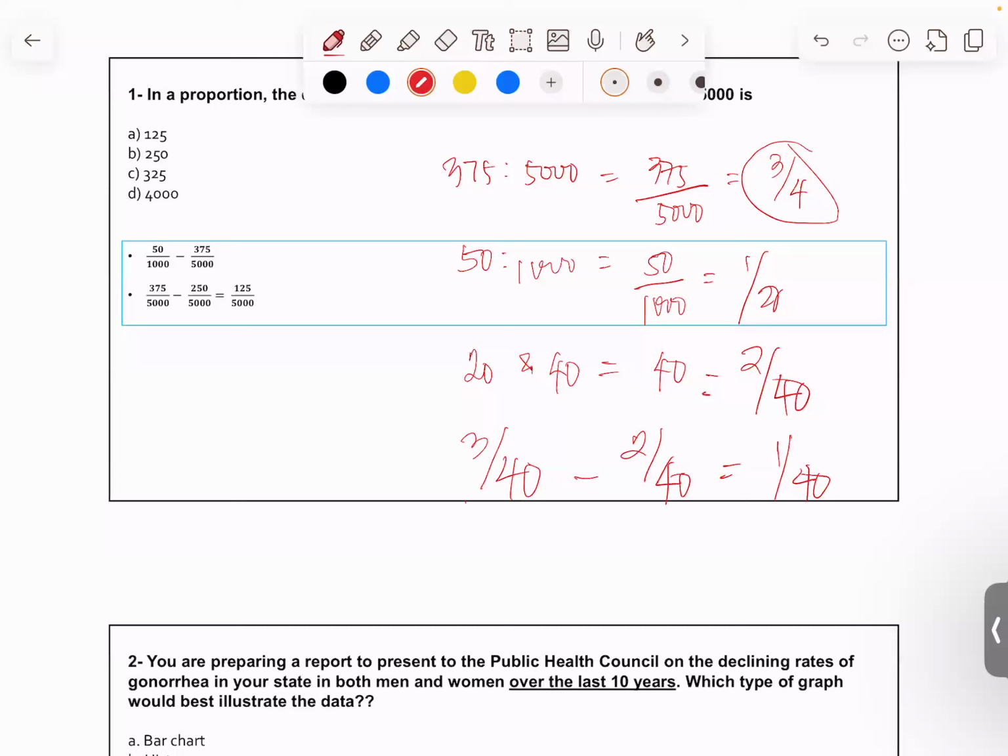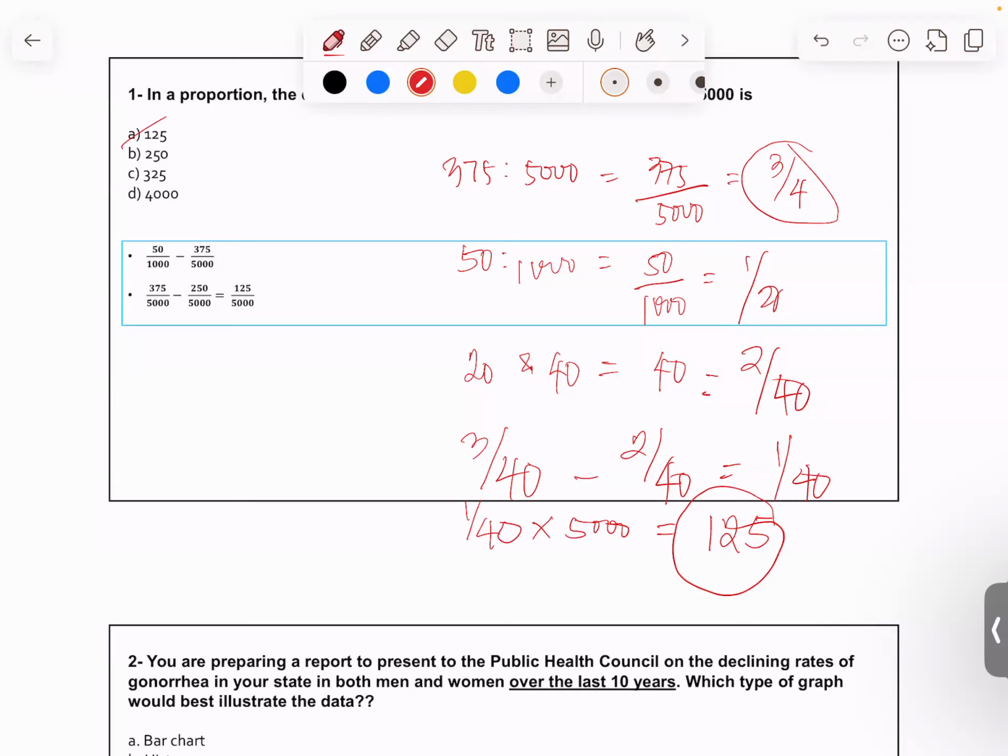So 1 over 40 times 5,000. That will give us 125. So letter A is the correct answer.